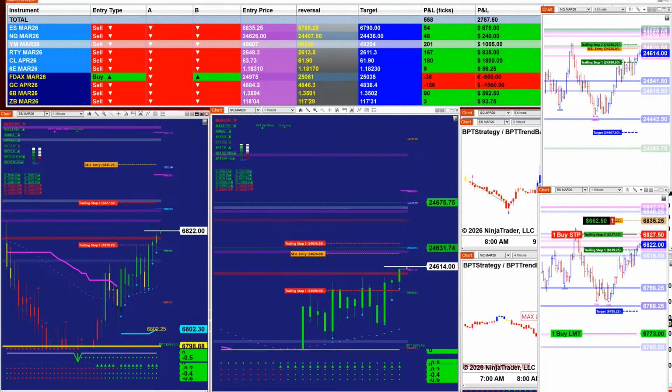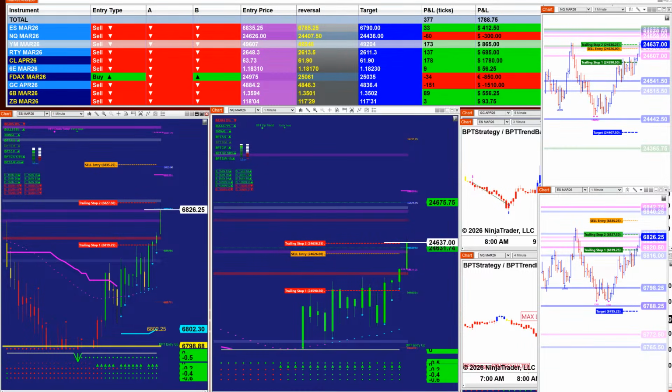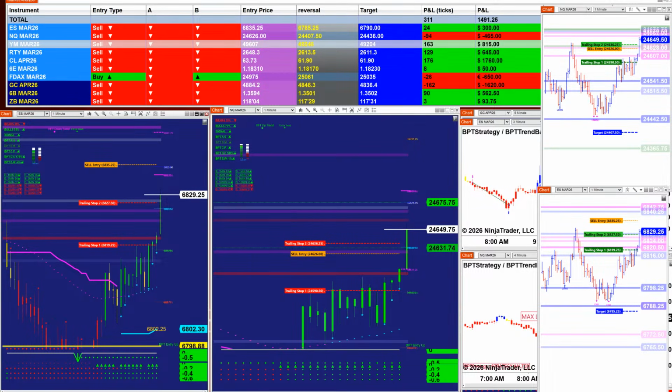So this is conservative trading. Yes, conservative trading, not high-risk trading. Now once the ES closes above 68.29, we are officially in the long trade.